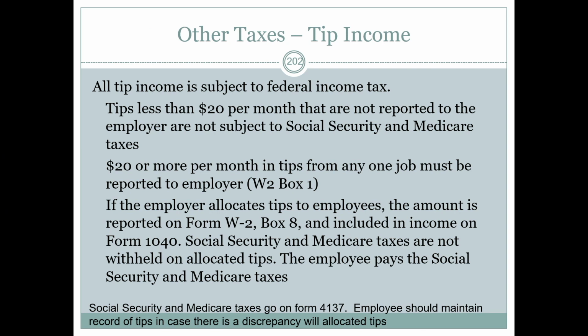Social Security and Medicare taxes are not withheld on allocated tips. The employee pays both the Social Security and Medicare taxes. This would appear on Schedule 2, Part 2, Line 5.